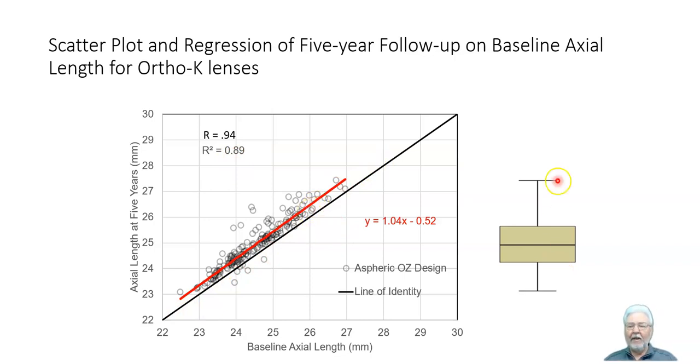Here we have a little box plot that shows the maximum y and the minimum y, and there's a median that's around here. 50% of the values fall within this area, from 24.25 to 25.75, so most of the values are falling in there.